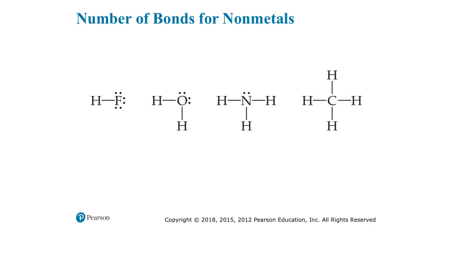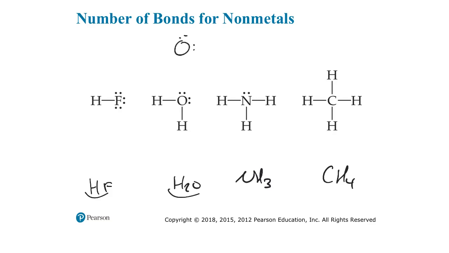So let's take a look at the compounds of HF, H2O, NH3, and CH4. Of course we know that these are all stable molecules: hydrogen fluoride or hydrofluoric acid, water, ammonia, and methane. And so when we think about oxygen having 6 valence electrons, it makes 2 single bonds, leaving behind 2 sets of electrons.